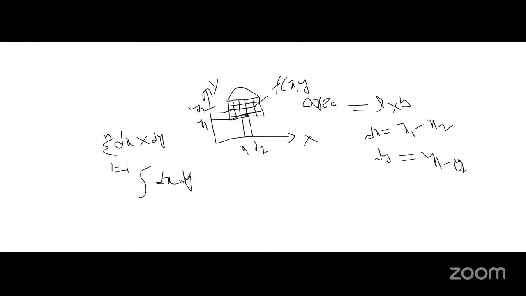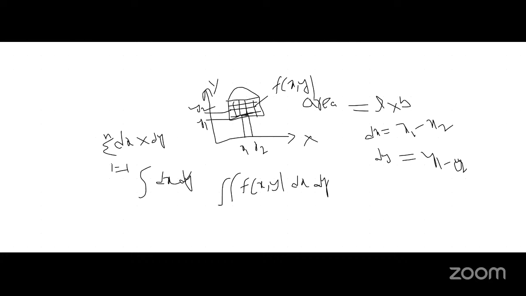So this is the integration of f of x comma y dx dy. Here the double integral sign is there, so we are using double integration. Understood?